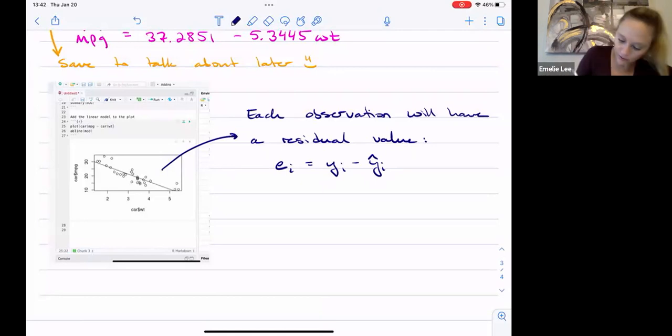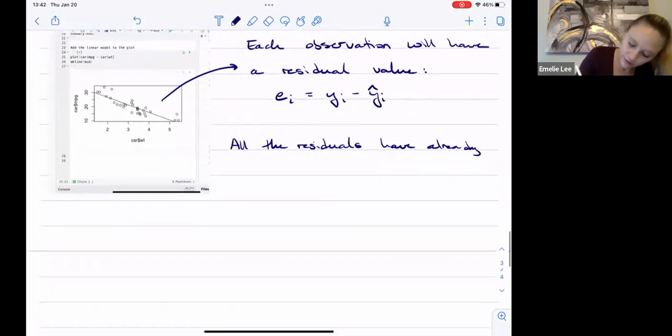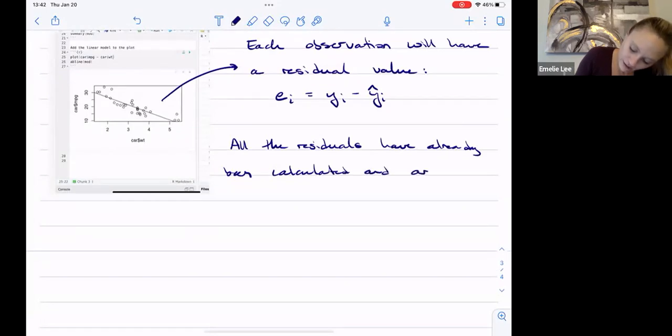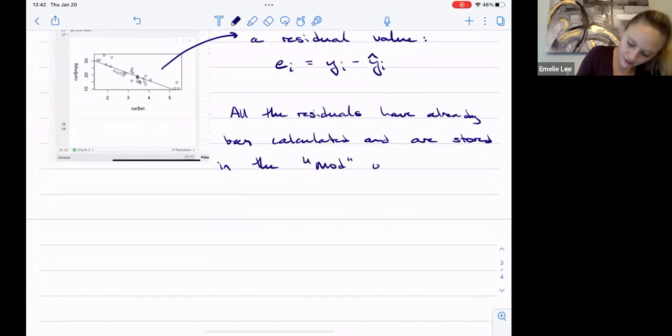Now, all the residuals have already been calculated, and are stored in the mod object.